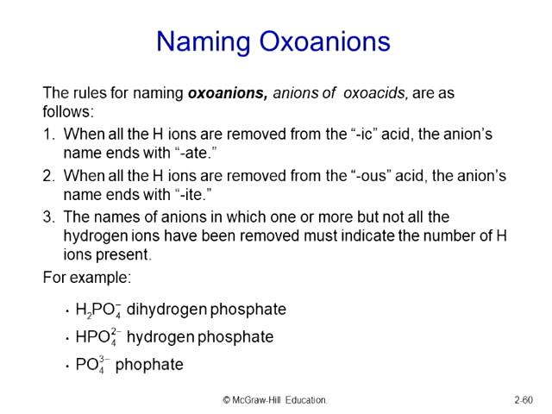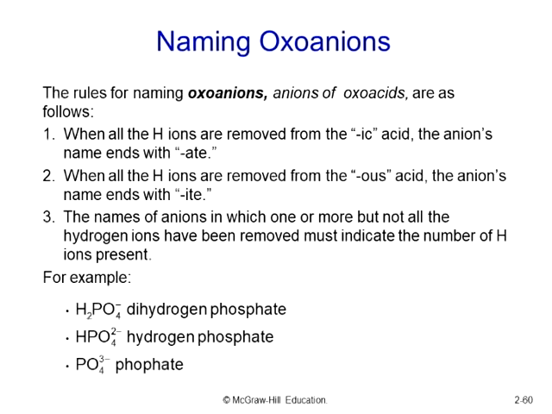When all the H atoms are removed from the acid, the anion is named -ate. So when there are no hydrogens, the anion name is -ate. And you can see the other rules here as well on your own.